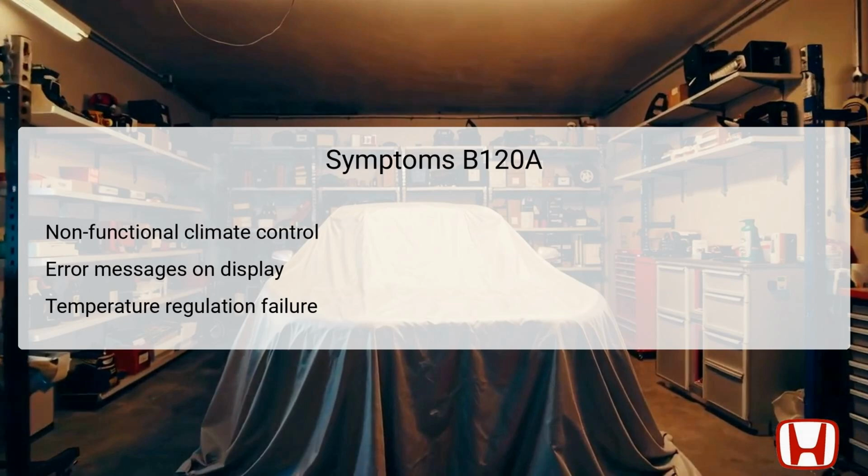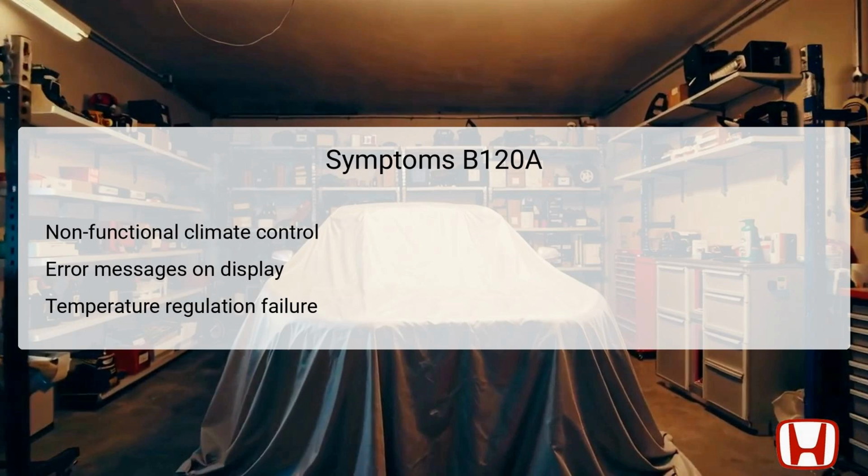The presence of DTC B120A can manifest in several symptoms. Primarily, users may notice a complete failure of the climate control system, meaning no heating or cooling functions will work effectively. Additionally, the driver may observe error messages displayed on the screen, specifically codes B4 or 8A.